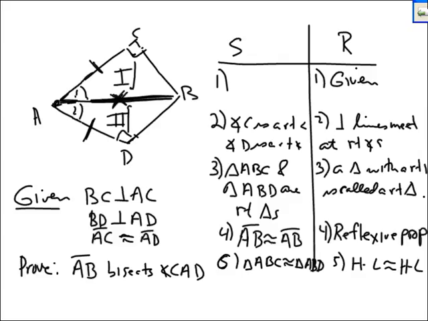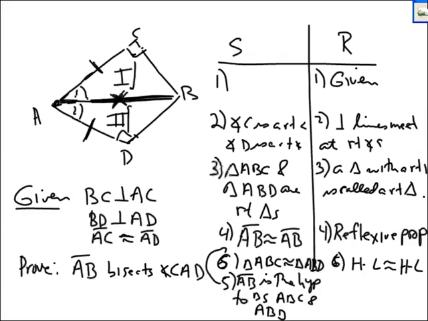Maybe this should have been statement number 6, and statement number 5 should have been AB is the hypotenuse to triangles ABC and ABD. And why are they hypotenuse?